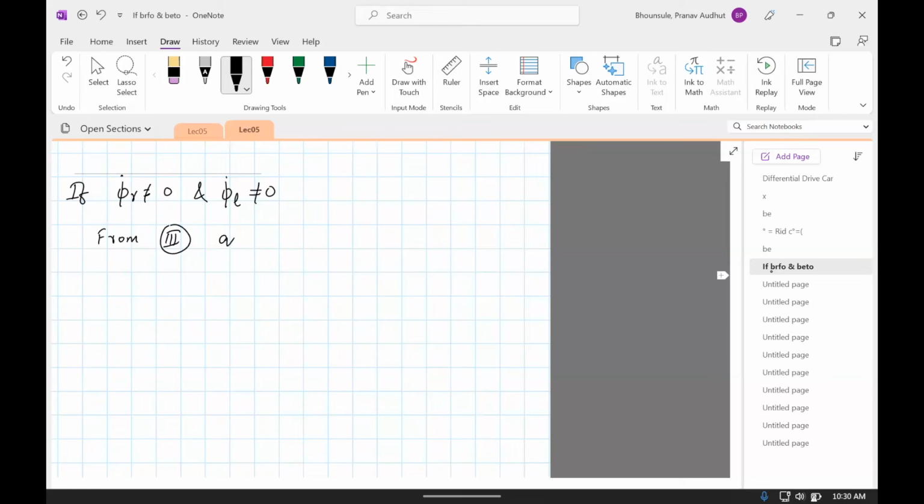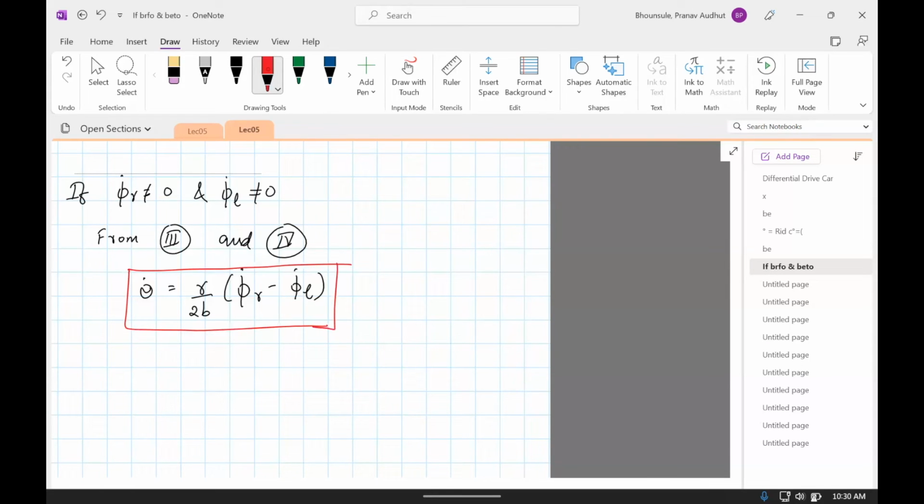From 3 and 4, theta dot is r divided by 2b times phi dot r minus phi dot L. Okay, so that's the rate of change.